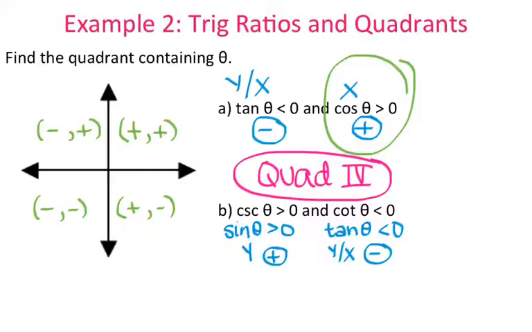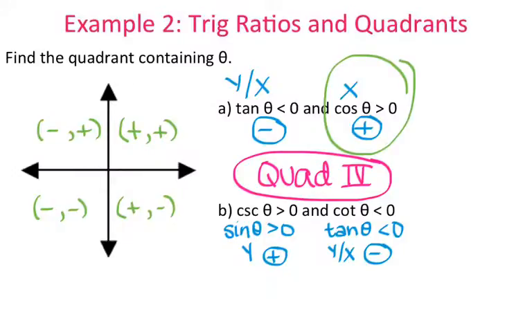So a positive y-coordinate are these two quadrants, quadrant 1 and quadrant 2. And then for my tangent, or my cotangent, that needs to be negative when I divide my x-coordinate by my y-coordinate. So if I look at quadrant 1, a positive divided by a positive is positive. But for quadrant 2, positive divided by a negative is negative, and that's what I'm looking for.